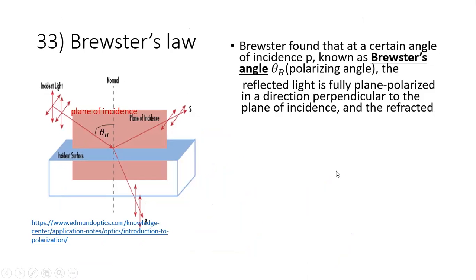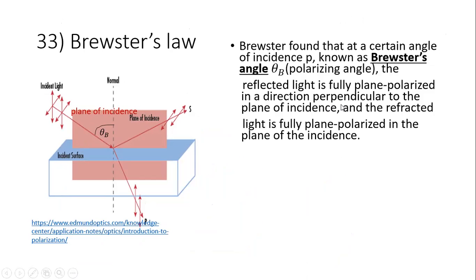And the refracted one, this one, is fully plane polarized in the plane of incidence. Okay, that is the plane of incidence, the pink colored surface. Right? So this is in the plane of incidence.